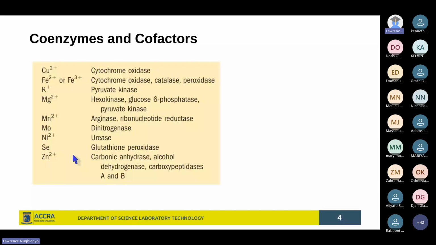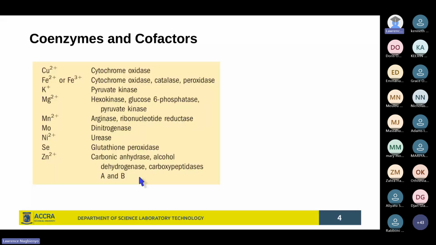Or in other words, they are required for these enzymes to have their functional structures. An enzyme will be active only when it has its functional structure. Once that functional structure is broken, which we refer to as denaturing, the enzyme becomes inactive.